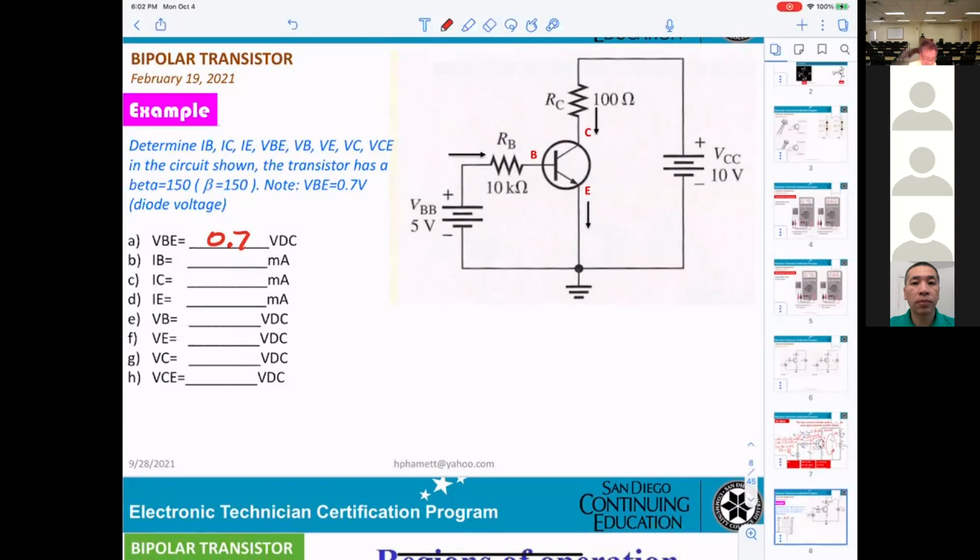And the formula to calculate the IB is VBB minus 0.7 divided by RB. 4.93. 5 minus 0.7, divided by 10K. Okay, now you get 4.3, divided by 10,000.